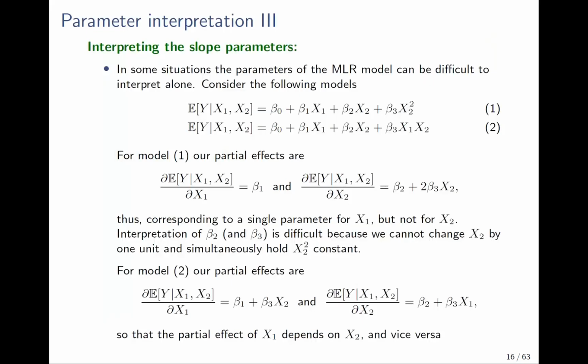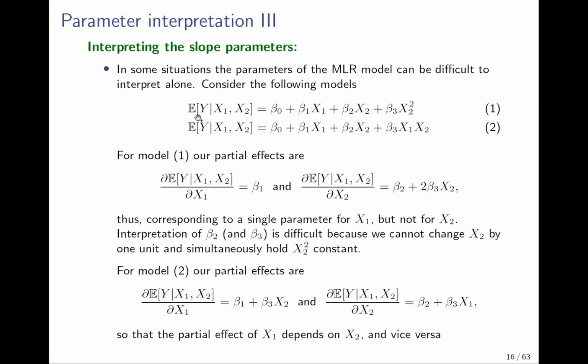Okay, just a few more points on parameter interpretation. Interpreting the slope parameters. In some situations, the parameters of the multiple linear regression model can actually be quite difficult to interpret alone. So look at the following two models.